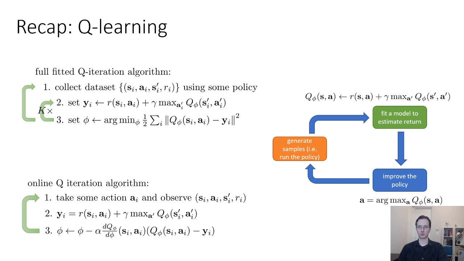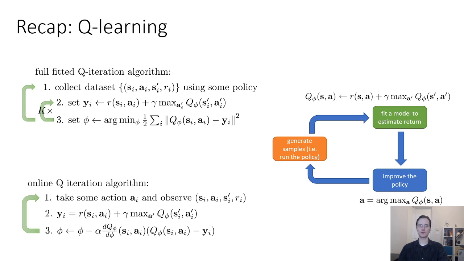So this is the general recipe of a fitted Q iteration algorithm, which has a number of choices that we can make. We can choose how many transitions to collect in step 1. We can choose how many gradient steps to take in step 3 when we optimize phi, and we can choose how many times to alternate between steps 2 and 3 before we collect more data.